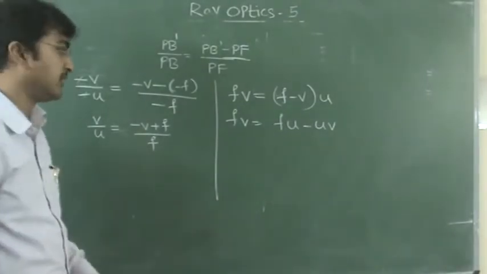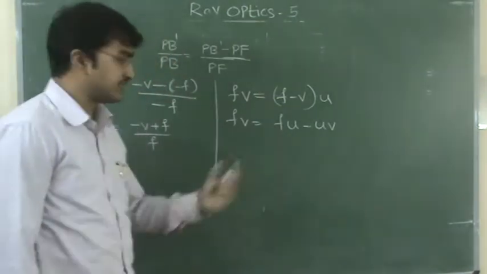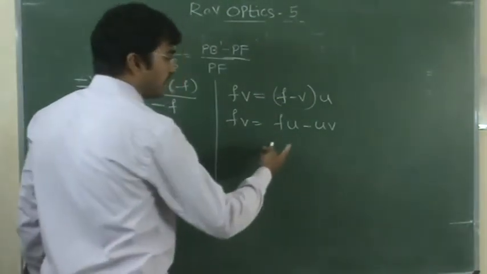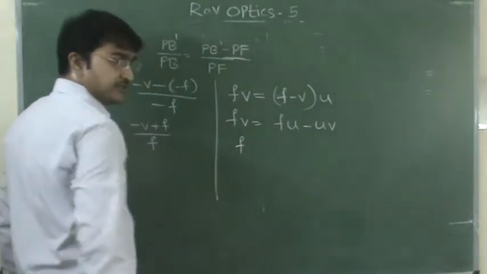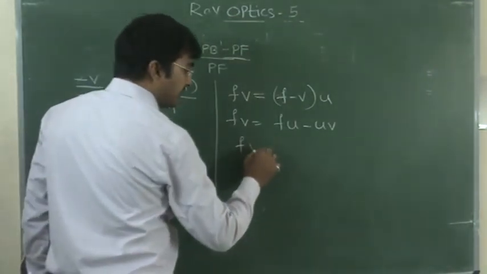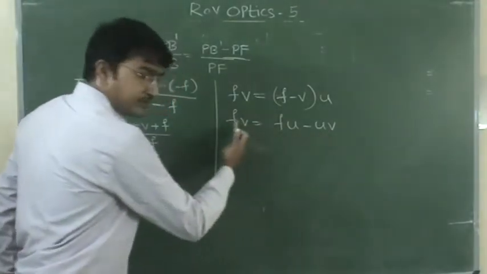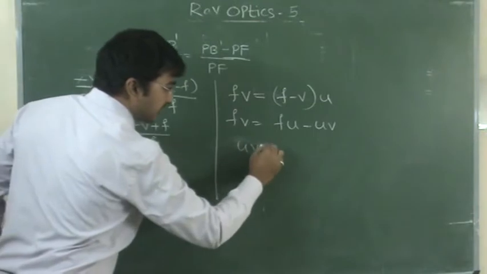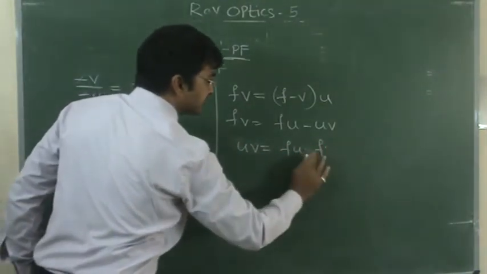Here the common factor is F. If you want to take one positive term, we'll do one thing: take the UV term to this side and the F term to that side.